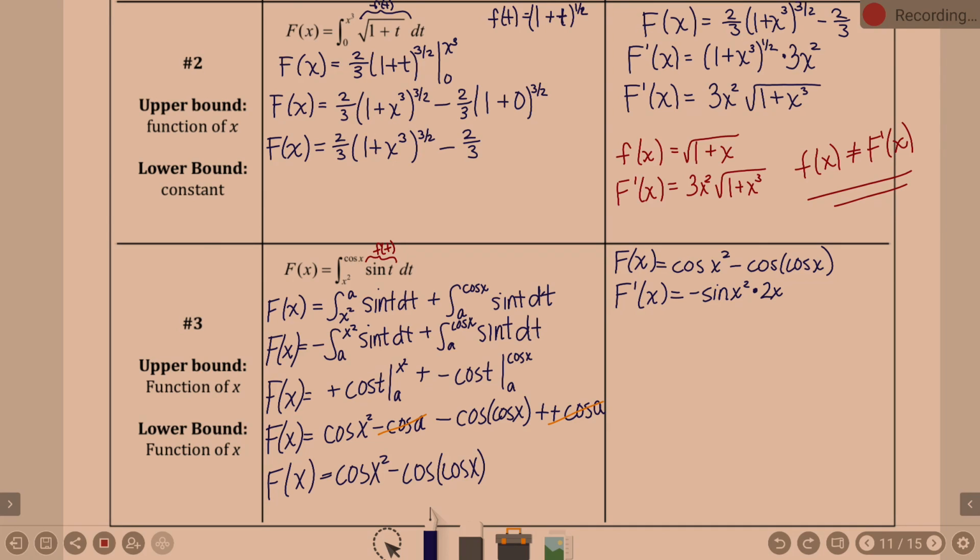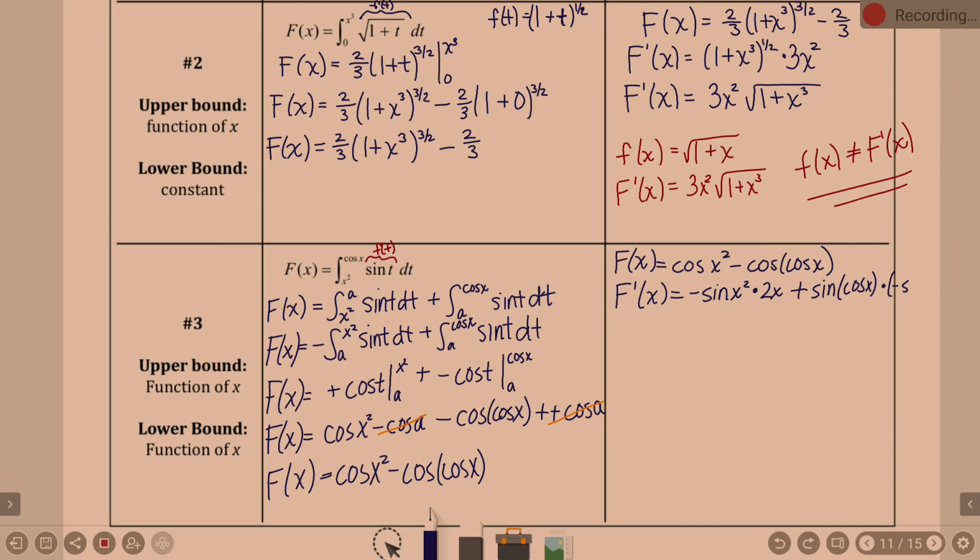Minus the derivative of cosine of something, which is negative sine of something. So can I go ahead and say plus sine of something? What's my something? Cosine x. So it's sine of cosine x times the derivative of something. The derivative of cosine x is negative sine x.